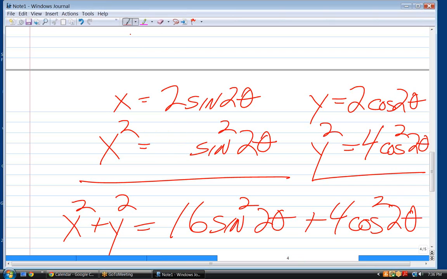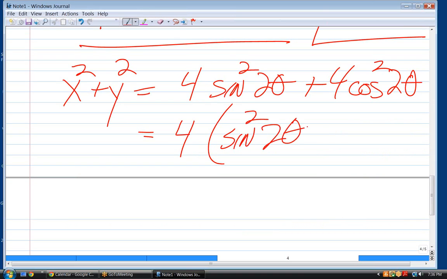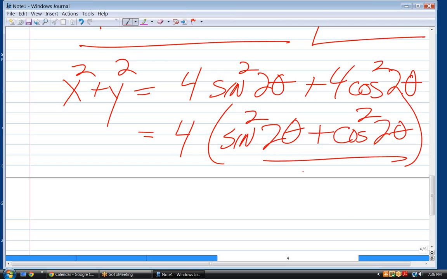Let's make it x equals 2 sine of 2 theta and y equals 2 cosine of 2 theta. So x squared becomes that. Now I have a 4 there. I can factor out that 4, leaving behind sine squared of 2 theta plus cosine squared of 2 theta. Well, what's that equal to? 1.